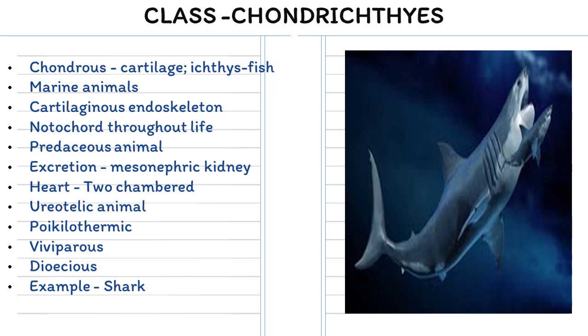It is a moderate type, we can say. Otherwise, we can say it is not a well developed kidney. That type of kidney is known as mesonephric kidney. Okay. Then the heart. In fishes, almost everything has a two-chambered heart. Okay. Then the excretory product is in the form of urea.